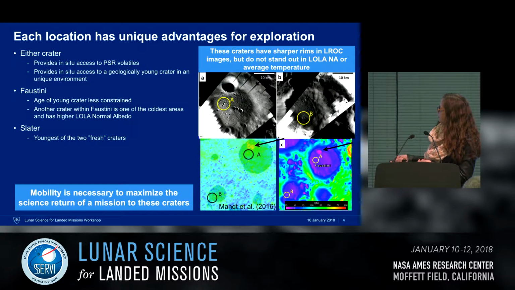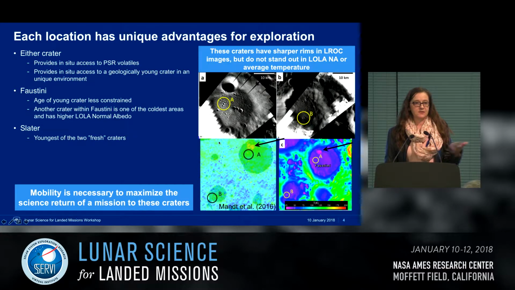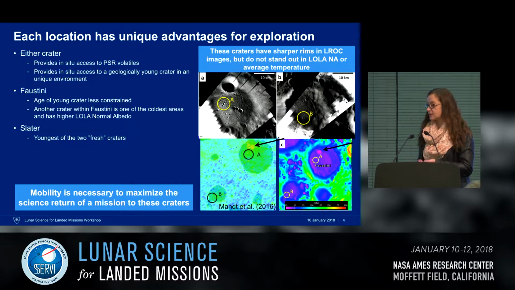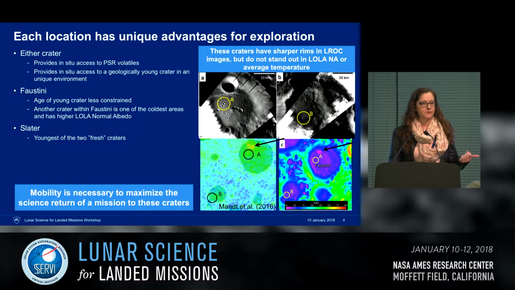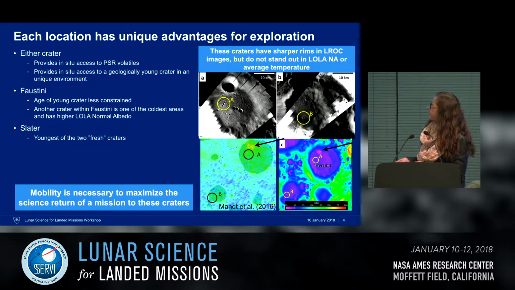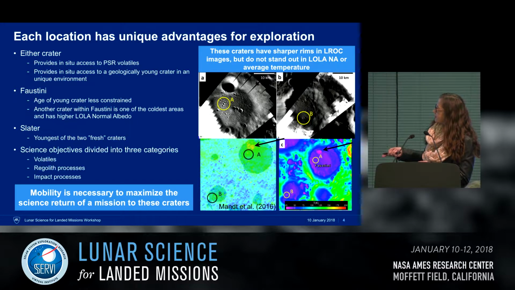And in particular, Faustini is interesting because of this crater here, which is one of the coldest areas, and it was in a previous presentation pointed out as one of the areas where most of the SKGs could be, or most of the questions could be addressed from the SRIM report. So Faustini is particularly interesting because of that.